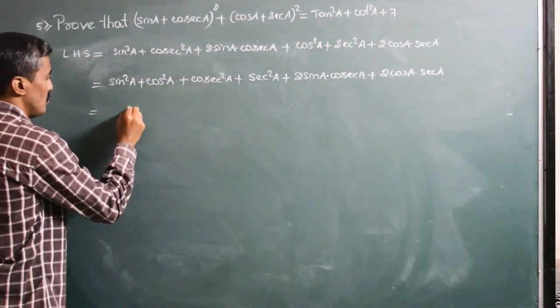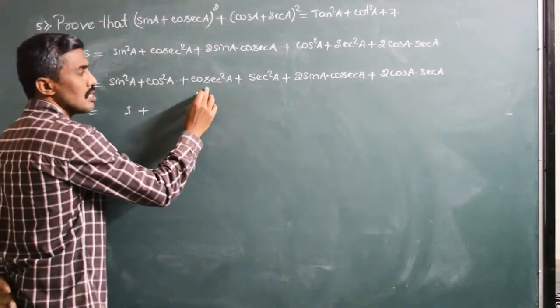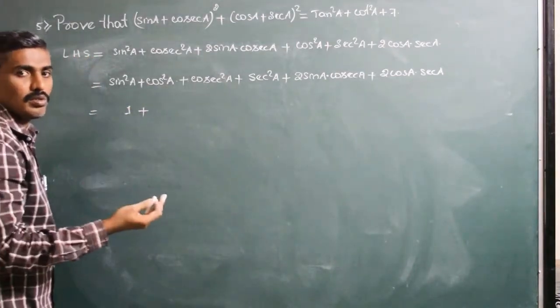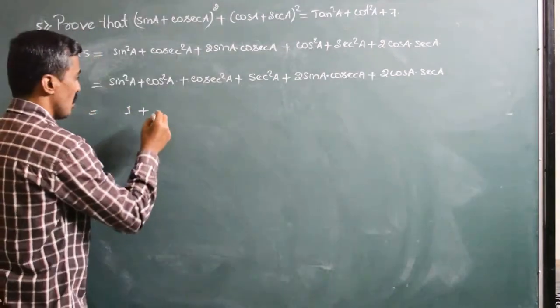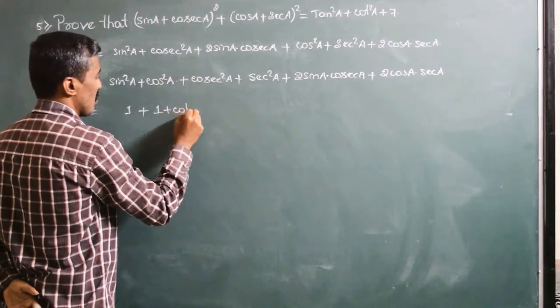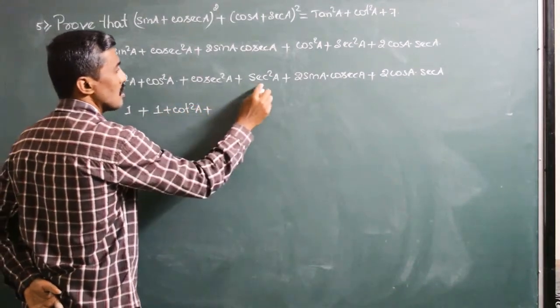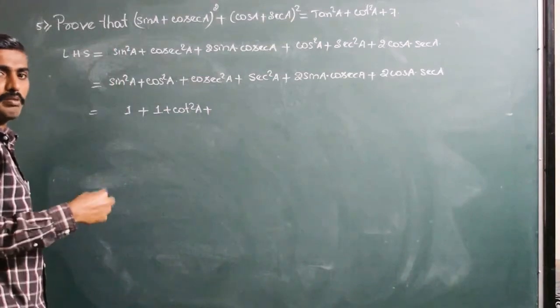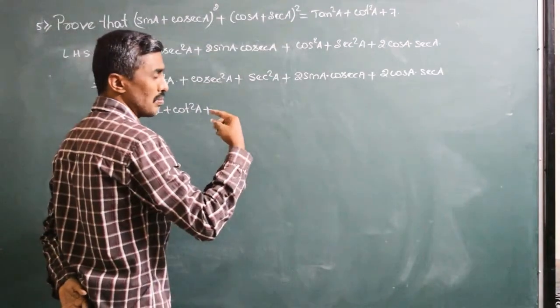It is 1. Plus cosecant square A, it is equal to 1 plus cot square A, plus what is secant square A? Second identity, 1 plus tan square A is equal to secant square A.